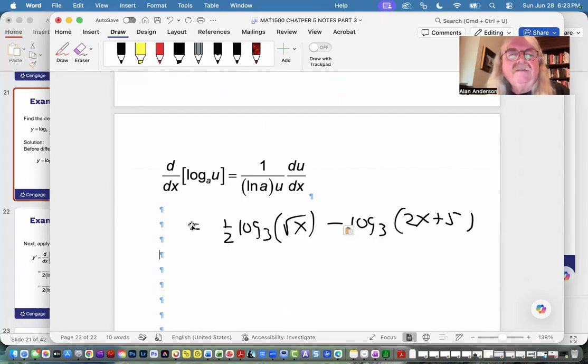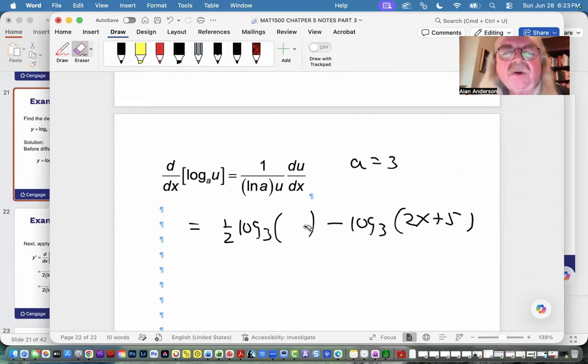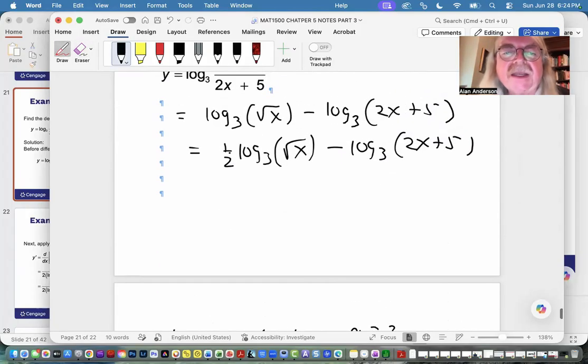All right, what do we have? So A is the 3 in both cases. Here, oh, I just realized this is not right. This should have been regular x because that 1/2 is there because it's the square root. That's better. I think I goofed it up here too. Yeah, beautiful.